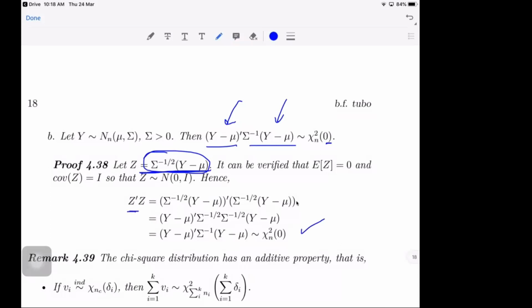So it becomes central, because this transformation will give you a standard normal random variable. So if your random variable is standard normal, and then you take the quadratic form, that will become central chi-square. If it is not standard normal, and has a particular mean, then it becomes non-central with the parameter mu prime mu. Okay?